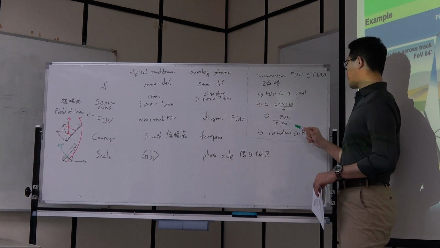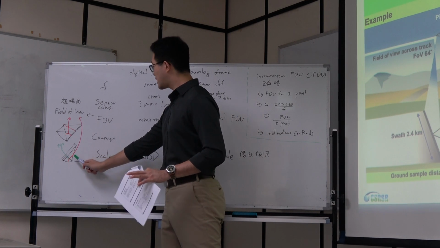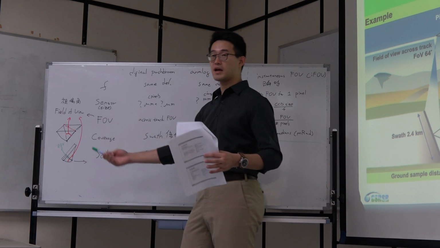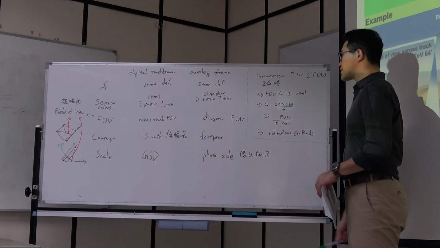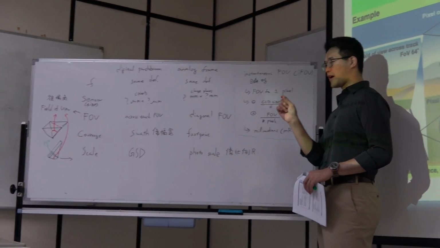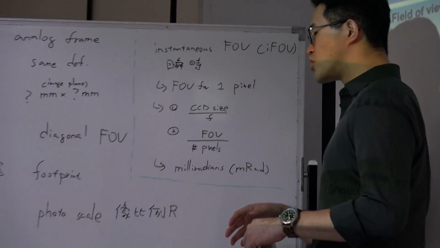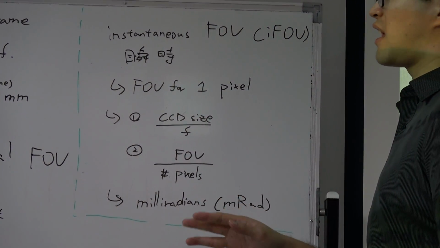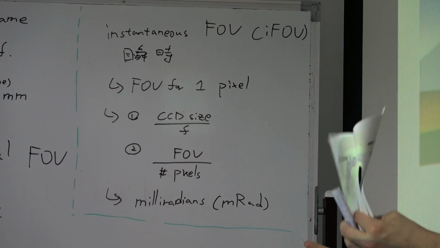The other way to calculate it is, if you know the entire FOV, you just divide it by the number of pixels that you have, and then you can get the IFOV as well. As you can see, because the pixel is very small, the IFOV is also very small. So the unit of measurement we use to describe the IFOV is not degrees or seconds.